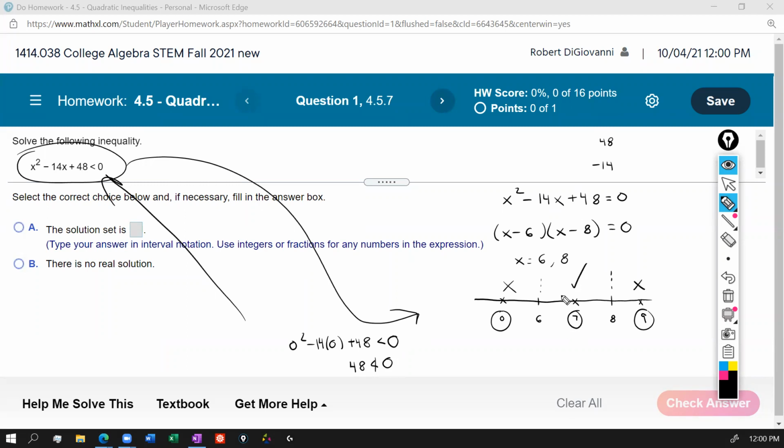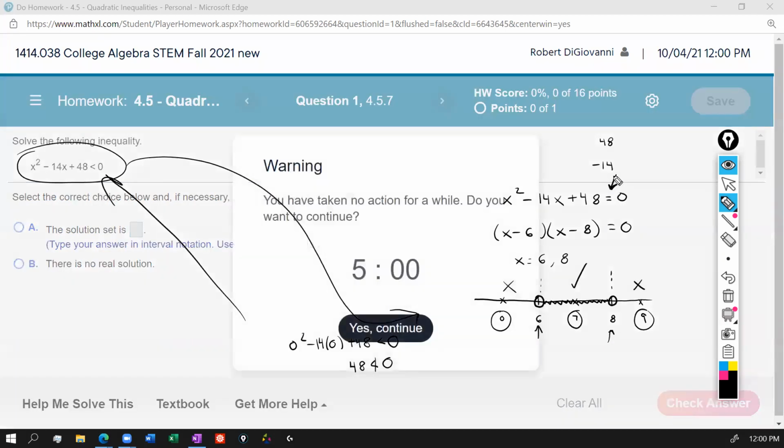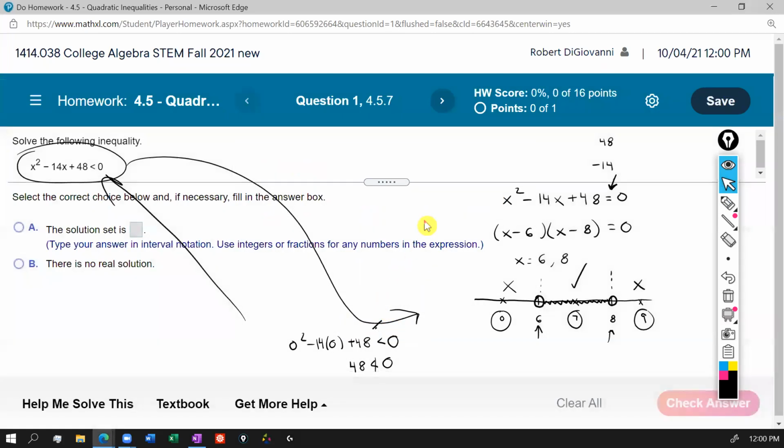So that means our answers are everything between 6 and 8. Okay, and then we do not want to include 6 and we do not want to include 8, because if we try and plug in 6 or 8, we're going to get this equal to 0, and we want this thing to be strictly less than 0, so we don't want the 2 endpoints.